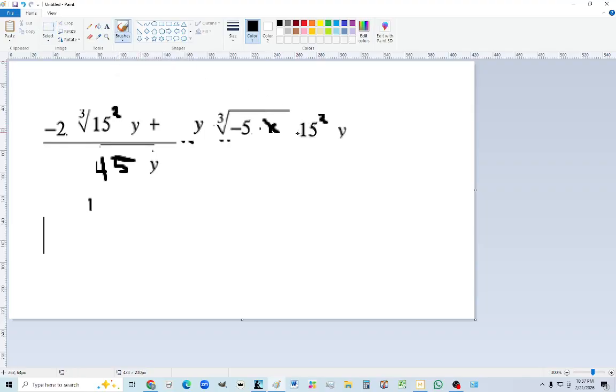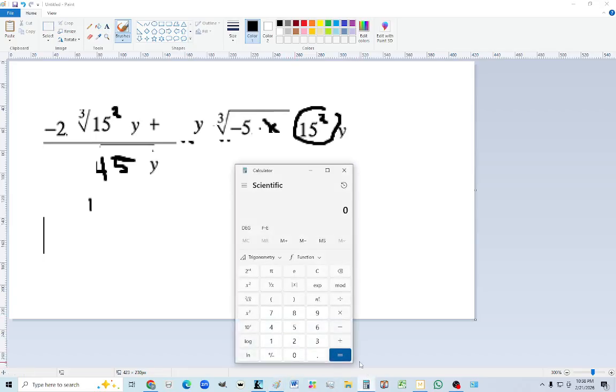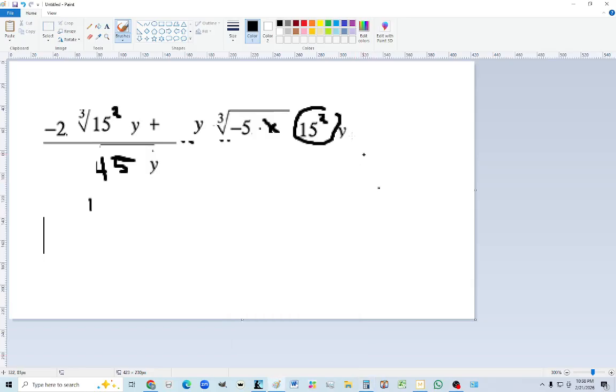Now, here's something I probably missed. This 15 squared is the same as 5 times 3 squared, which is the same as 5 squared times 3 squared.